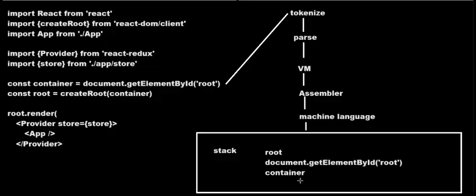It means, okay, take out, pop up root. After that, pop up document getElementById, because we have that root. Document getElementById pops out from top, and after that container pops up, and stack is empty.